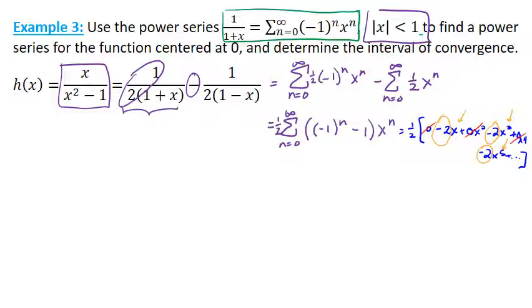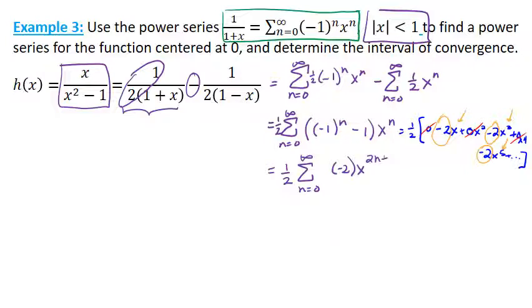So this can help me summarize what my summation should look like. I still have that 1/2 on the outside, but now I always have a -2 times x to an odd power.